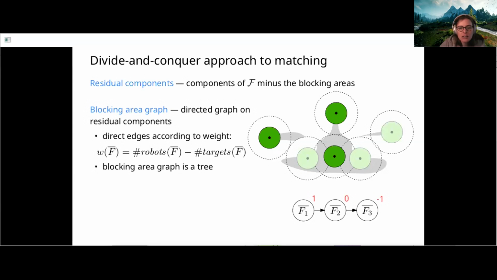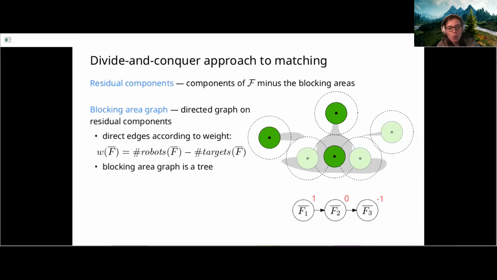We're going to connect the nodes corresponding to the residual components by a directed edge, and the edge will be directed from a node that has higher number of starting positions minus the number of target positions. For example, in the drawing, we have the leftmost component.